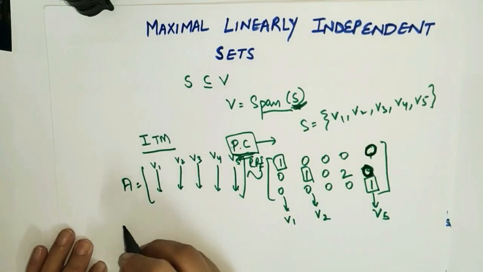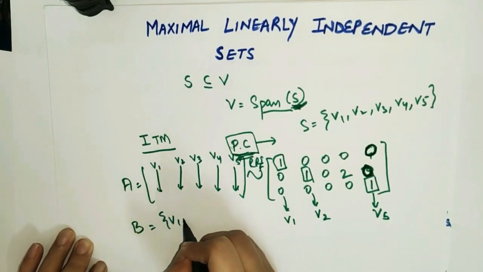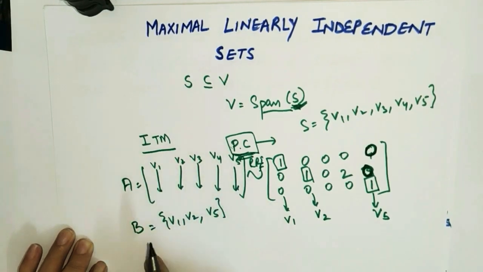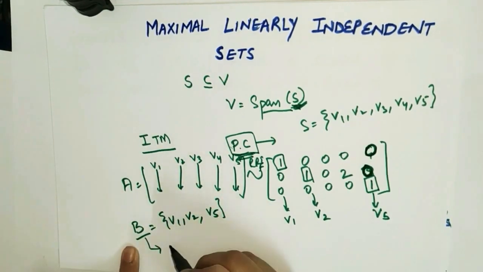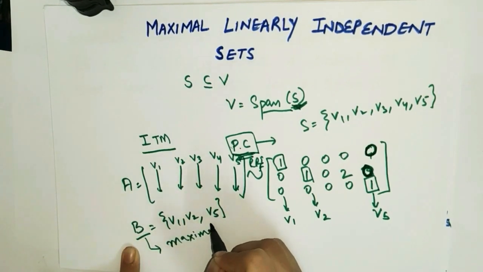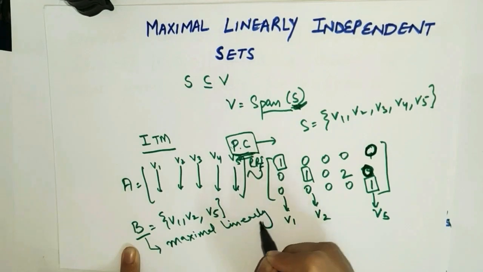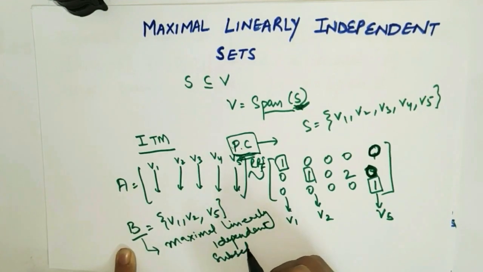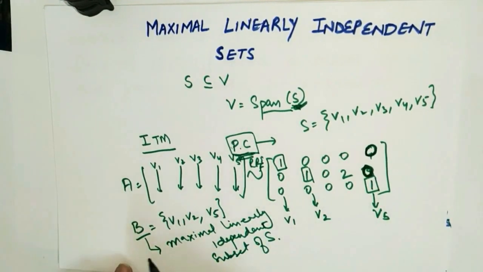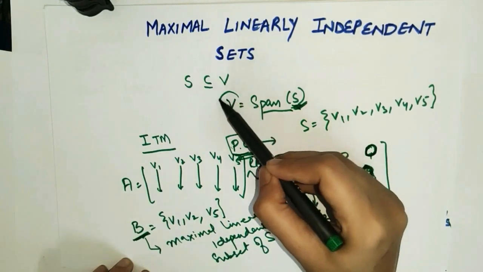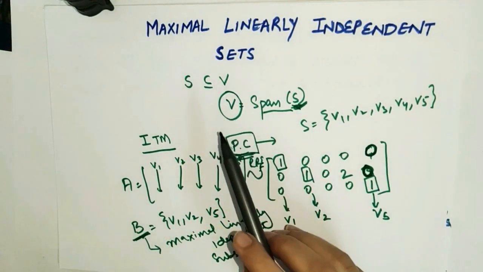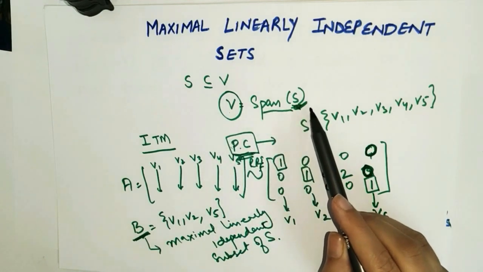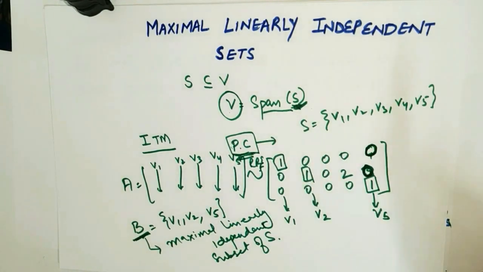So basically if I take these into a set, V1, V2, V5, then B is my maximal linearly independent subset of S, and this B will also be a basis for V, because it is already given that V is spanned by S, and I've just removed the redundant vectors from S, and then I get B. So B will also span V, and B is linearly independent.